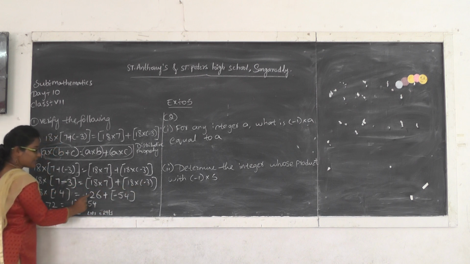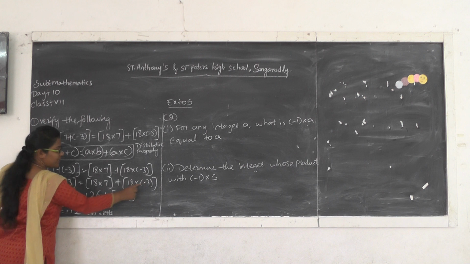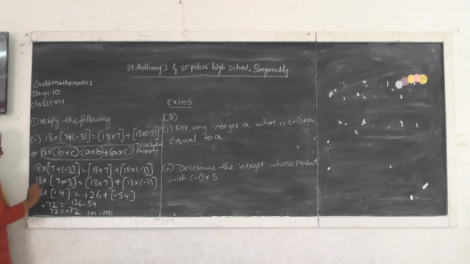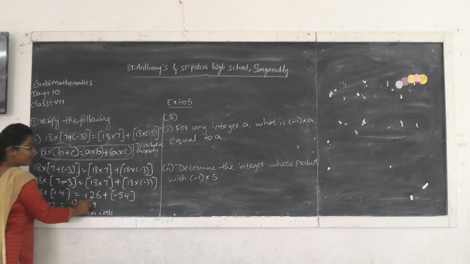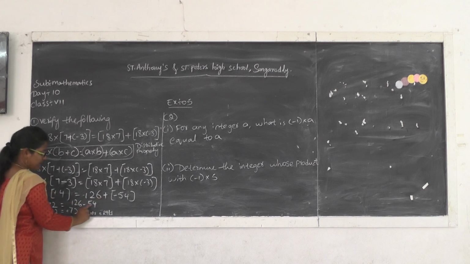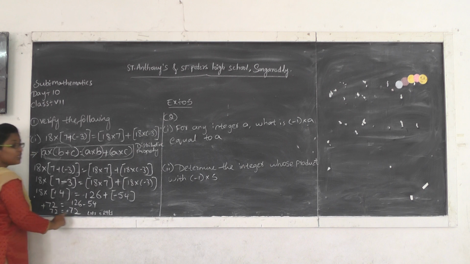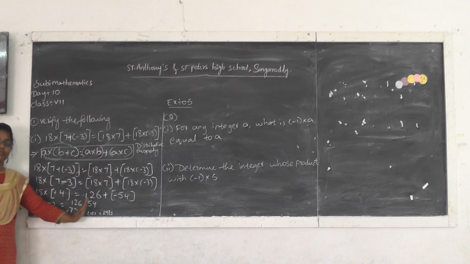Here both are positive, so the result is positive. Here one is positive and one is negative, so the result is negative. Next, 18 fours are 72, both positive, so positive. 126 minus 54 is 72. So LHS is equal to RHS. Are you able to understand?